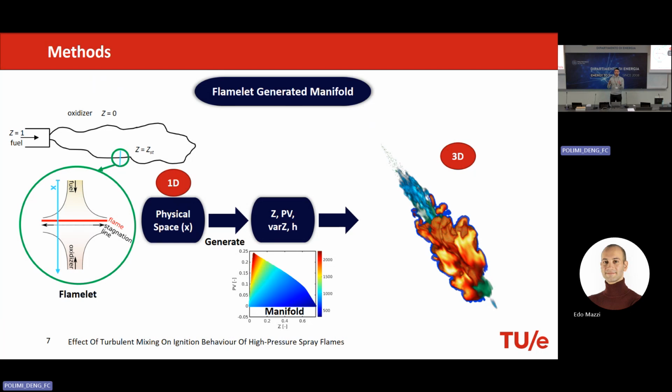So at the end we have a table where the 3D simulation can retrieve all the thermodynamical variables based on the value of the control variables in the domain. Therefore, in the domain, only the governing equations of the control variables are solved. So as you can imagine, we have much less effort in terms of computational time.